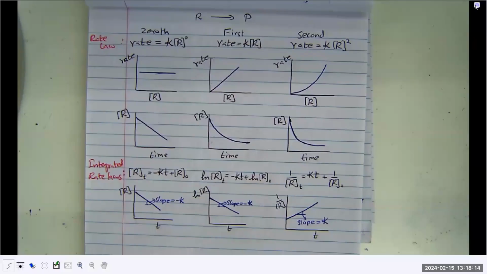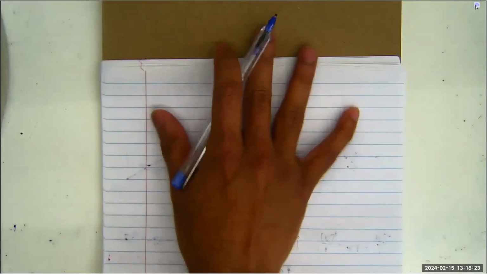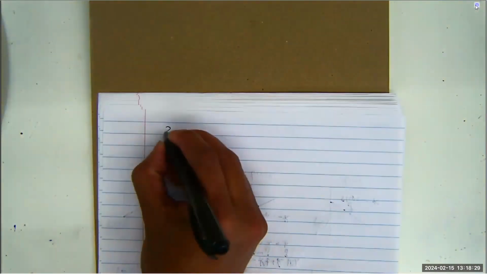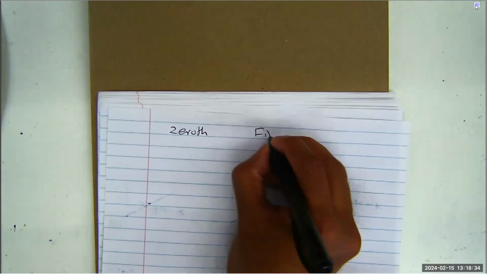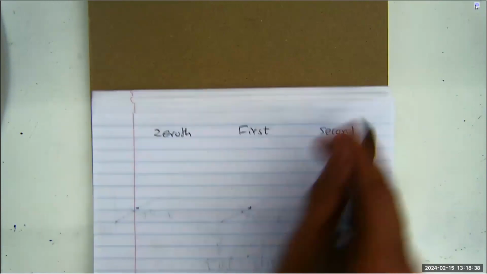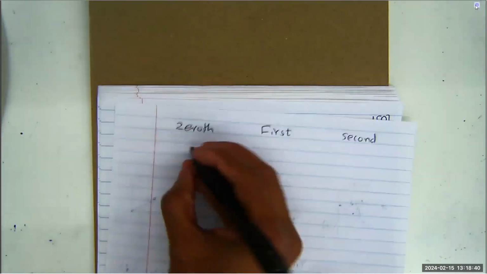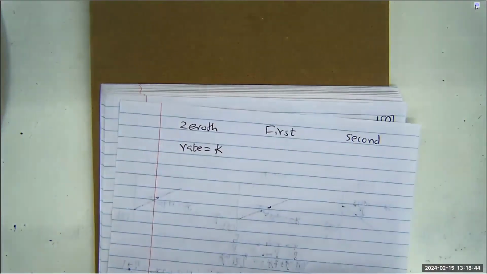Here we go. I'm going to use a different page. Please make sure that you understand this very clearly, because I'm going to test you on this. This is very simple, but we need to understand zeroth, first, and second order. For zeroth order, rate is equal to the rate constant.